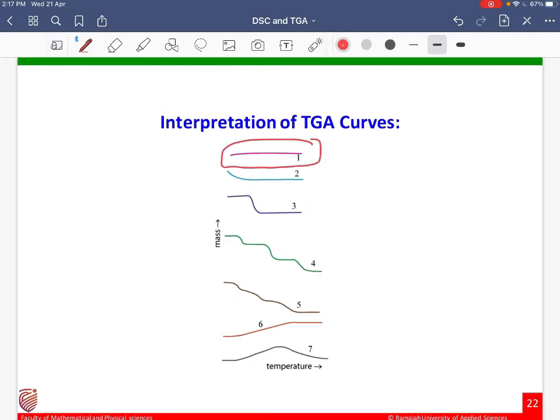If you see this curve, a small increase in mass happened. Here, a small decrease in mass happened, then there is no change in the mass. Here, a decrease in mass happens one time at a particular temperature, then there is no change in the mass. Here, stepwise mass change is happening. Here also stepwise mass change, at a faster rate.